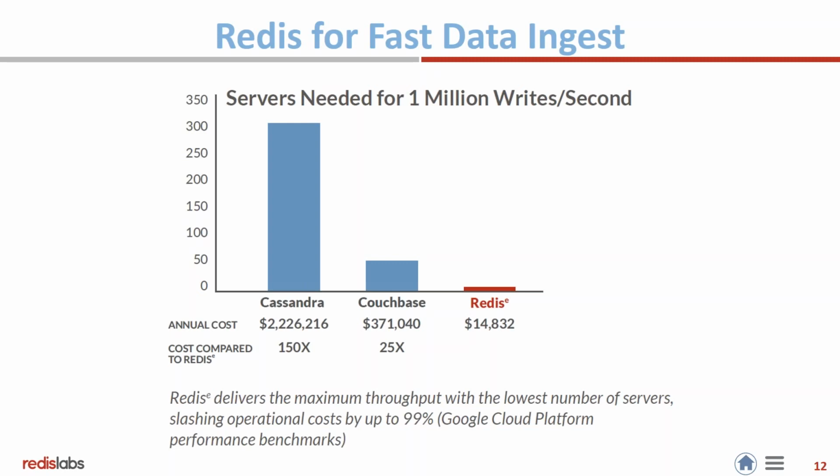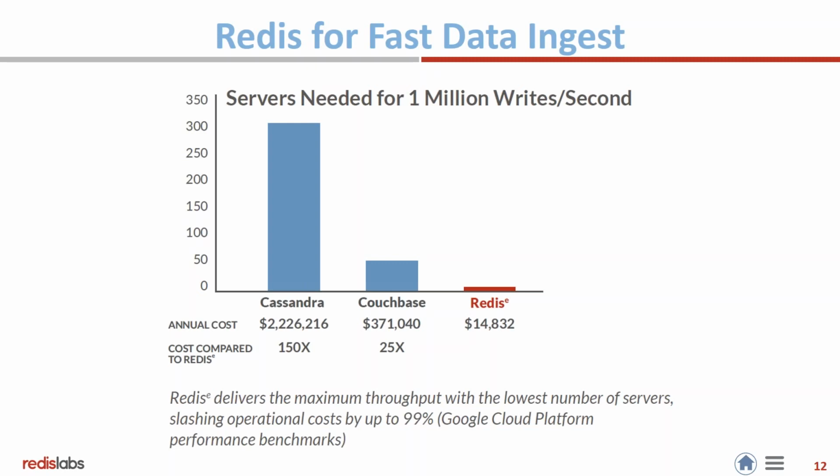Couchbase took this opportunity and published a paper on the same note, and they demonstrated that you could achieve the same 1 million writes per second with the same packet size, but with only 50 servers. That's cool. Redis Enterprise, we took advantage of that, and we also did the work in parallel, and we showed that we could do 1 million writes per second with the same data packet length and all the same requirements, but with only 2 servers.